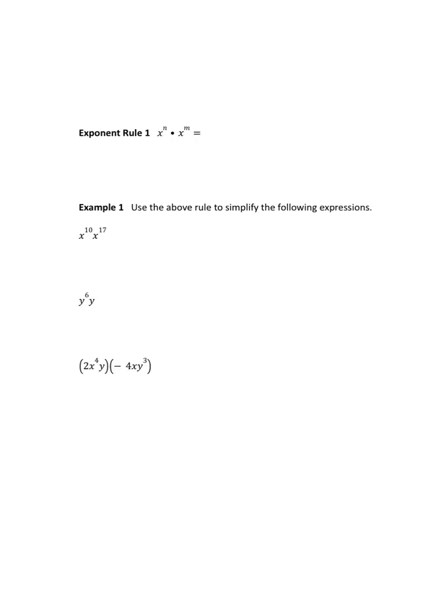So let's get into some algebraic expressions. So for instance, if I had x to the n times x to the m, well, let's think of it for an example. If you had x squared times x cubed. Well, x squared would be x times x, and then x cubed would be x times x times x.